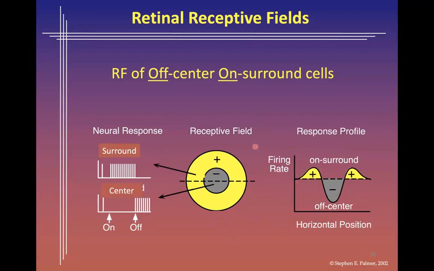Now we're talking about off-center, on-surround cells. So here, when light is falling here, the surrounding cells have a much stronger firing rate. And the center cells, there's minimal light falling here, so they have a smaller firing rate, and it doesn't take place at the same time. So again, they cancel out, they act in opposite ways.